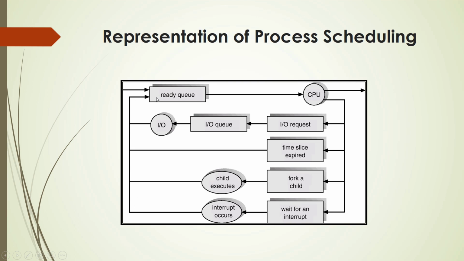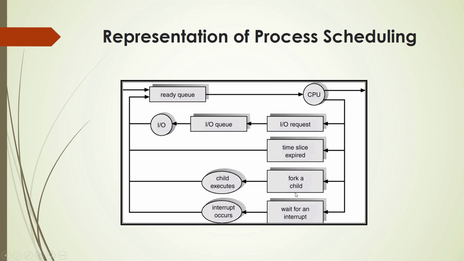So if you see, there are 4 possibilities in which a running process in the CPU will be halted. One is the input output request, second is the time slice, the duration of time for which it will run in the CPU. Once it has expired, it will be taken out. The third, the process has created a new child process, so the child process must run.